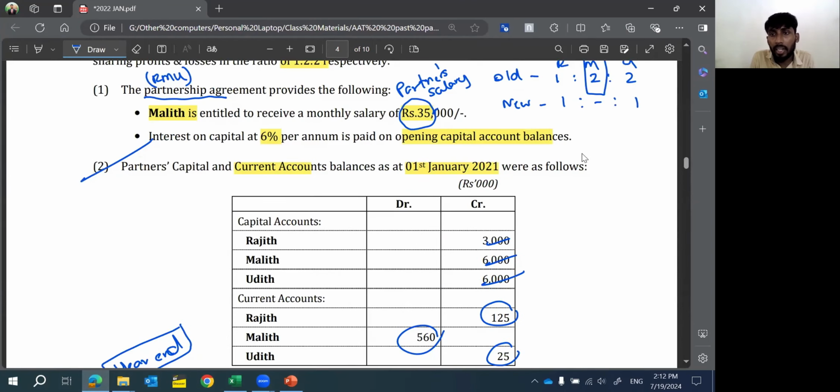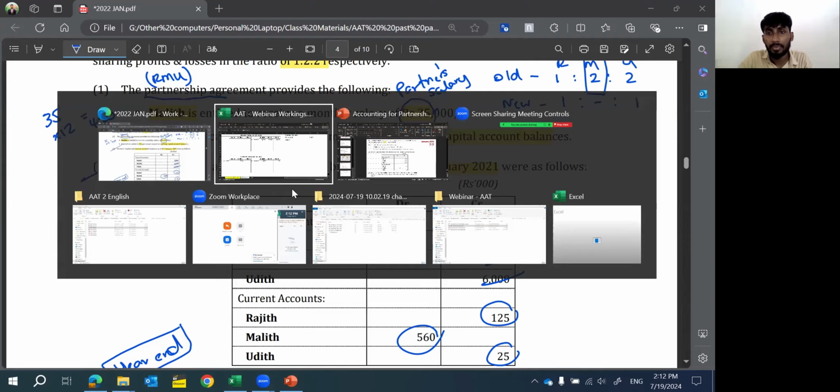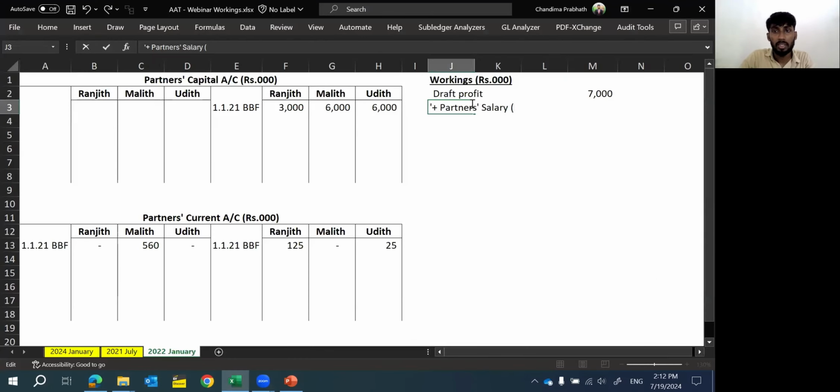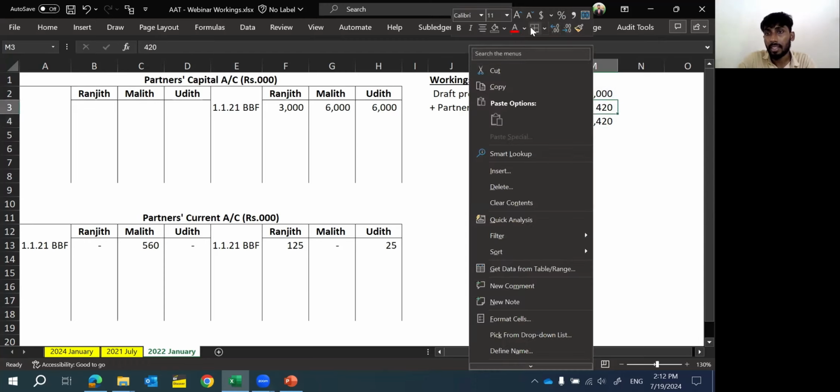Monthly 35. So 35 into 12. It is 420. So the correct profit is 7,420.